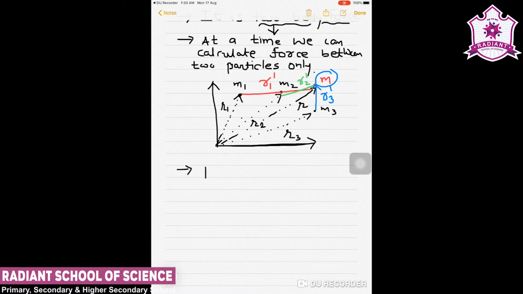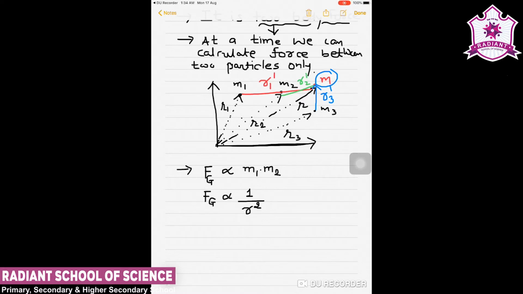This gravitational force, say we call it Fg, is directly proportional to the product of their masses, and inversely proportional to the square of the distance between these two particles.